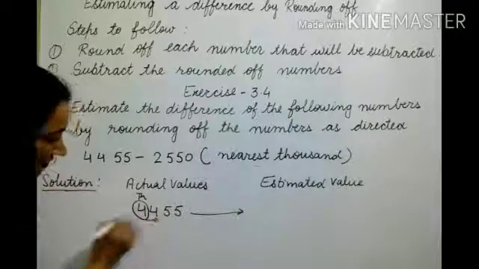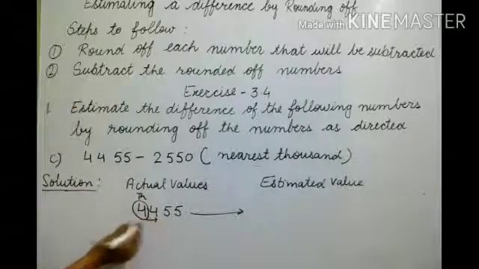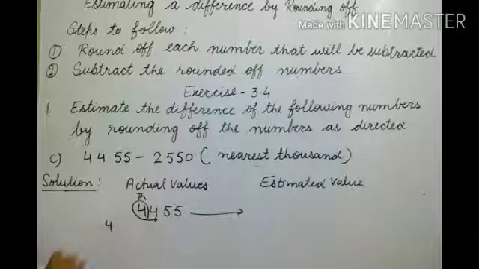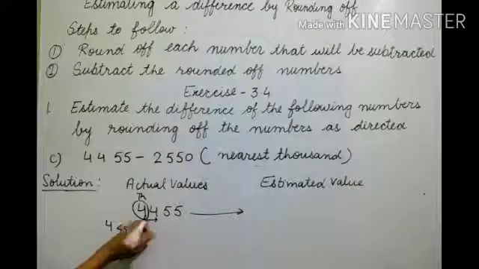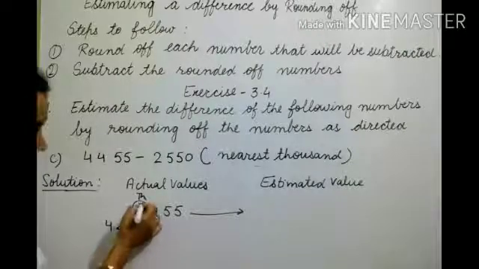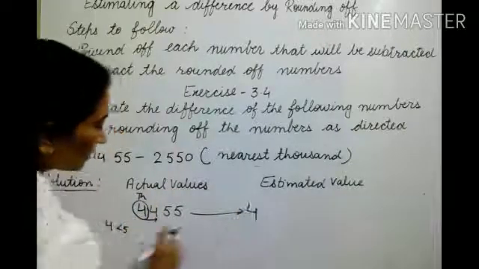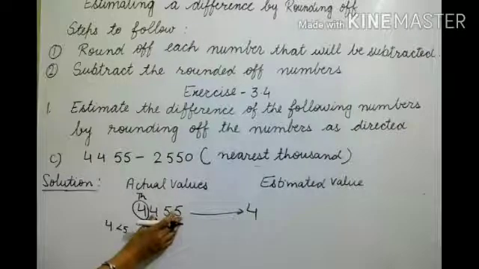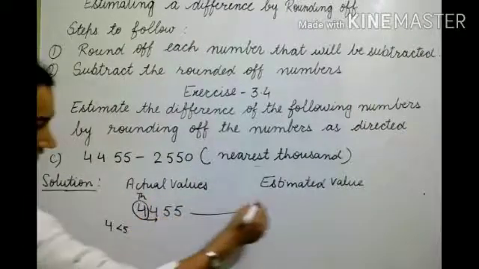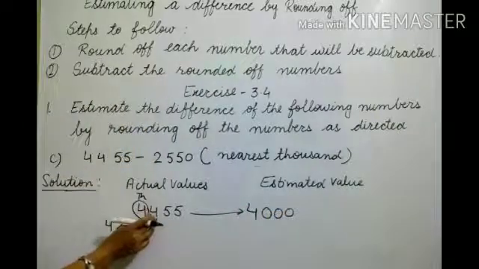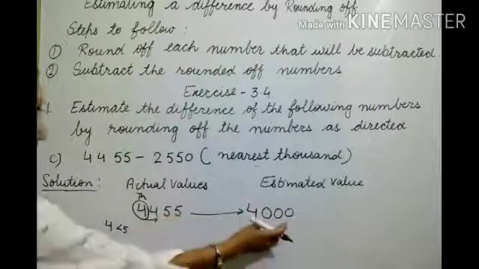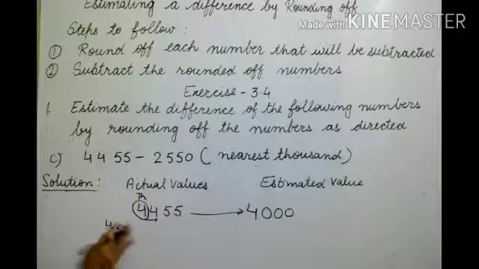See the right digit by putting arrow, which is 4. 4 is less than 5, so no change in circle digit. 1000 place digit, which is 4, and rest of the 3 digits to right of 4, they will turn to 0. So 4455 will be rounded to 4000.